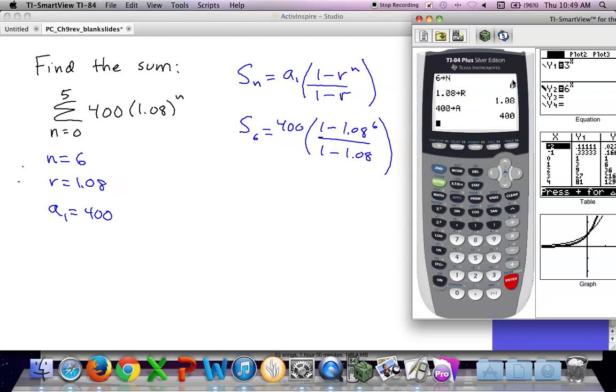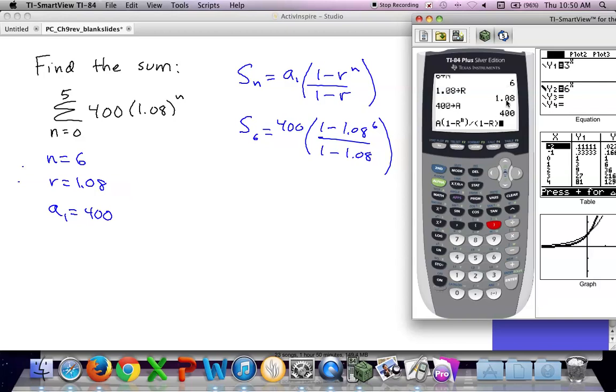So now the calculator has all those values inside. I'm just going to type the formula. That will be alpha A, parentheses, 1 minus alpha R, raised to the alpha n, get out of the exponent, parentheses, divide, 1 minus alpha r, parentheses.